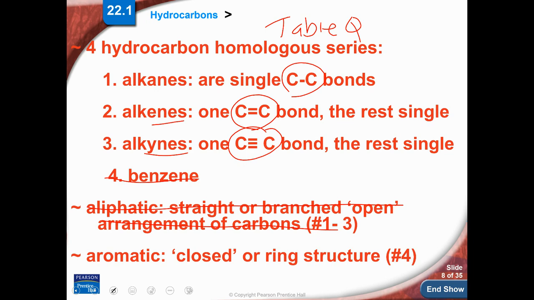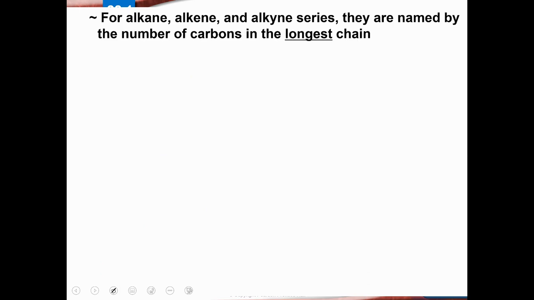And we're not going to worry about aromatic, but an aromatic has a ring structure. And the word aromatic has to do with smells, right? So all smells usually are organic compounds. The aromatics really come into play in the perfume industry, in the makeup industry.